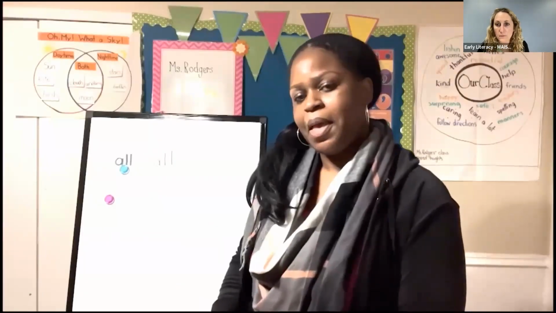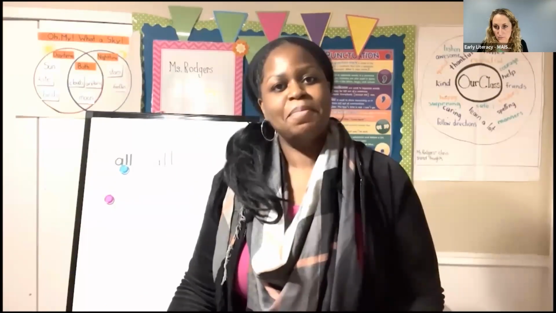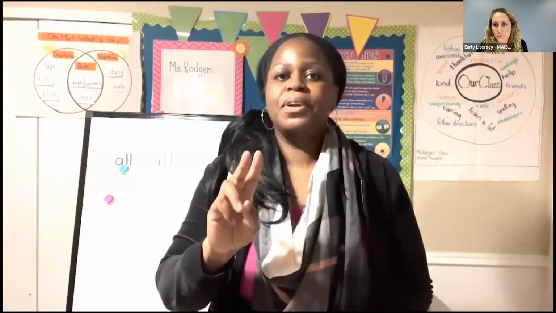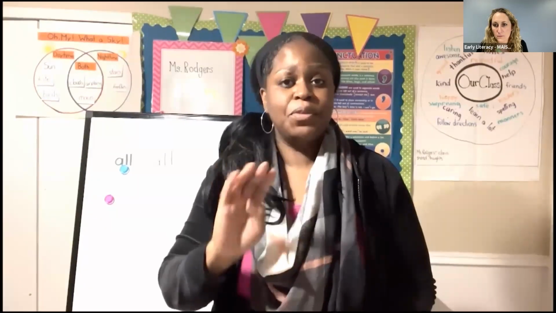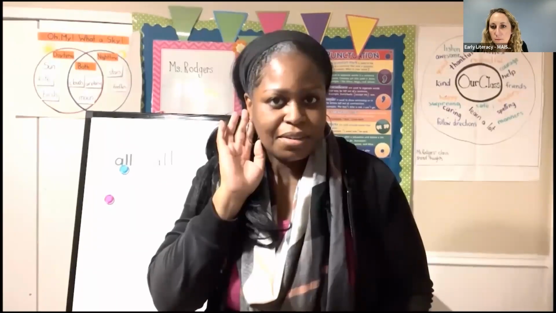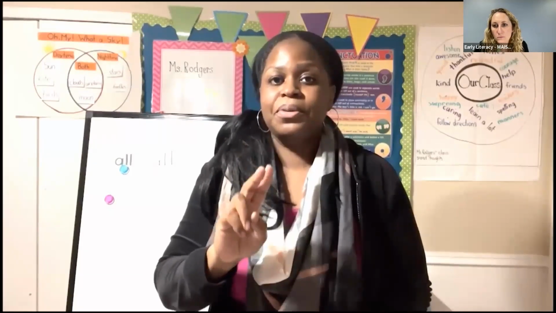All. My second word that I have for you is the word from. I received a letter from my friends. From. 4 sounds. Let me hear you say from. Now let's say the sounds. From.